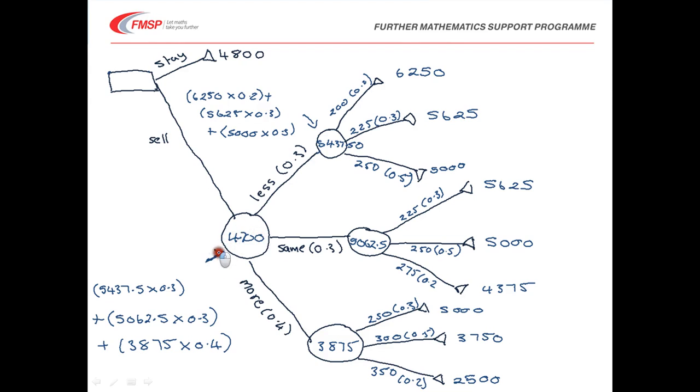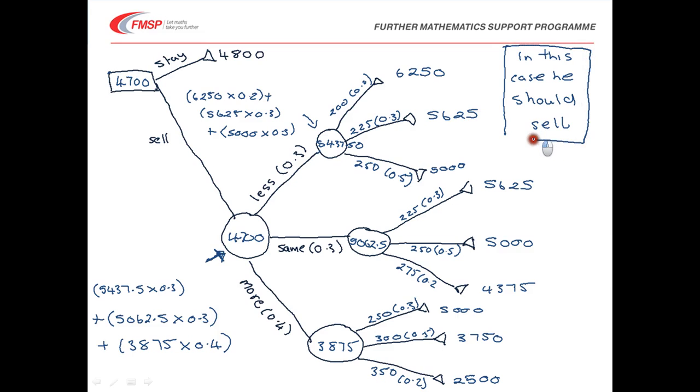So bearing in mind again that these are costs and he wants the lower one, in fact now it becomes 4,700, and in this case he should sell his house. So there we are. That's the answer to that one.